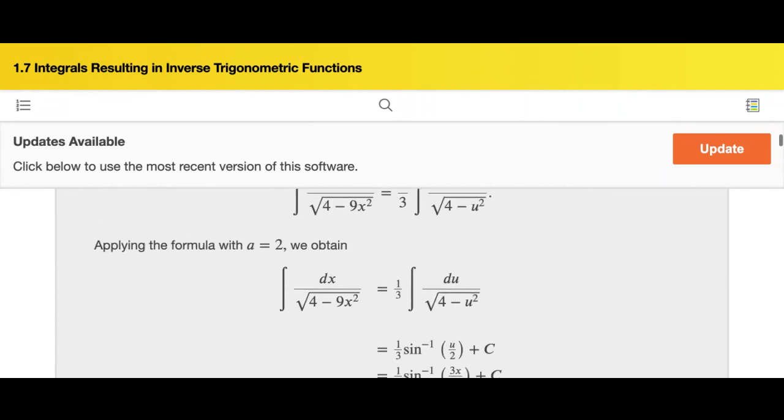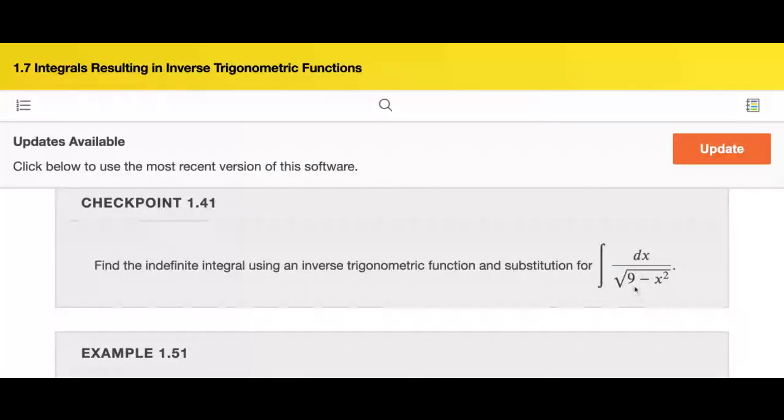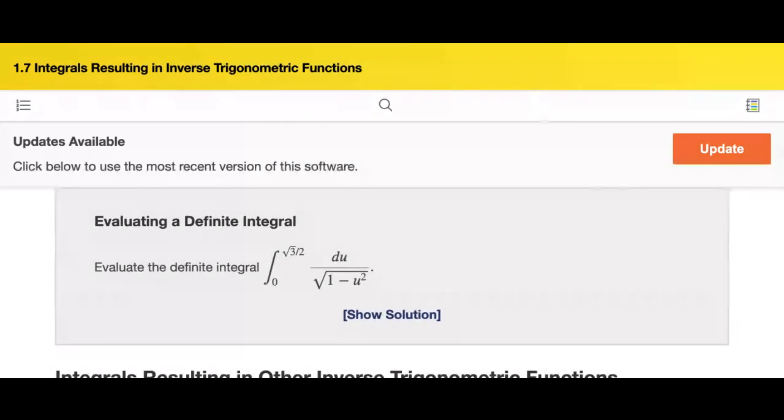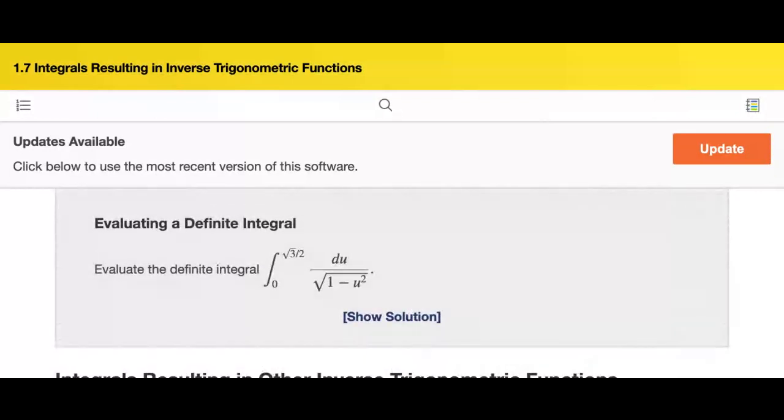All right, let's keep moving. Let's see this one. This one we have 3 squared minus u squared, so we would have arc sine of x divided by 3 plus c. Just follow the formula.